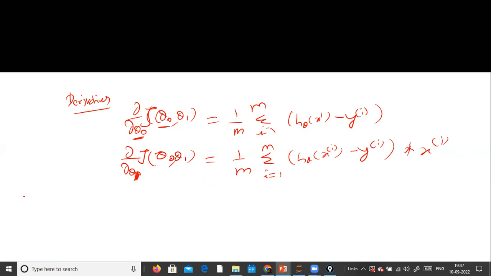And what is the update rule? Using this derivative only, we are able to compute the gradient. With the help of the gradient, the algorithm can find out the right direction.